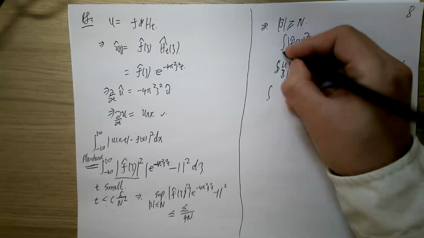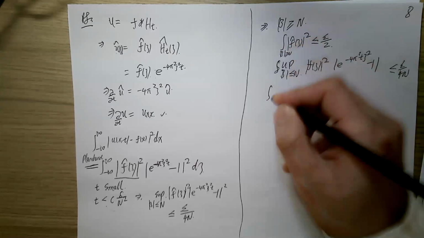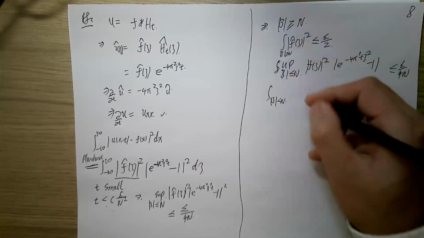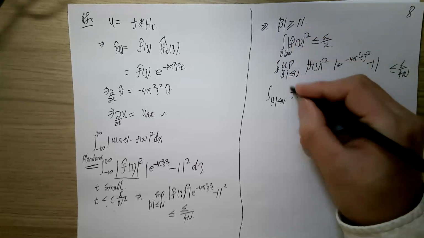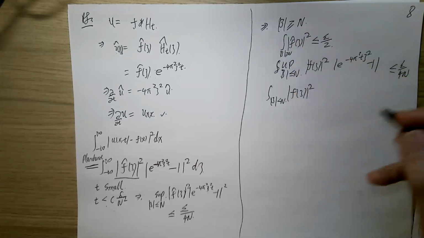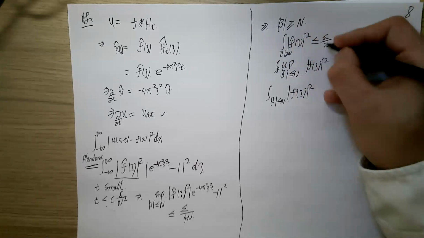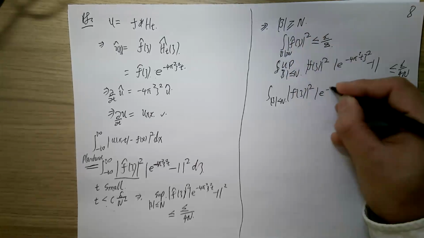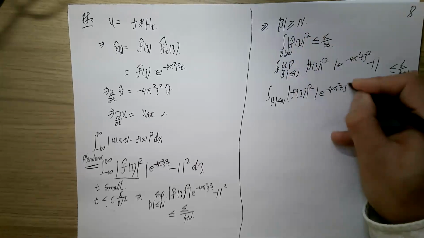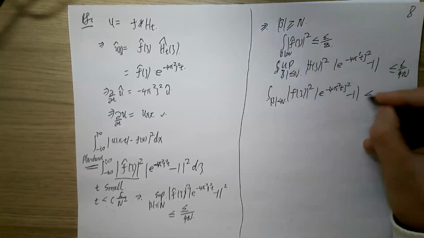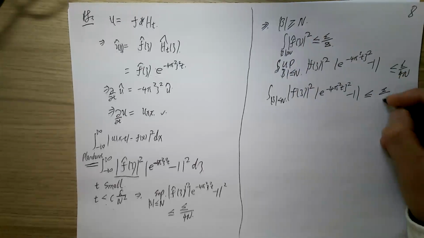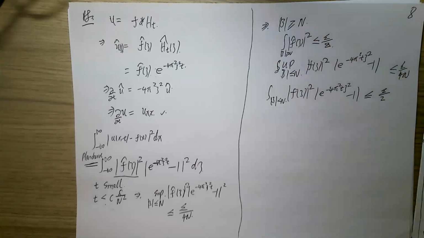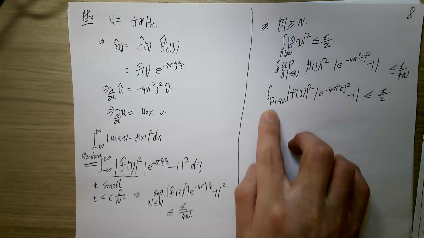So the integral over |xi| less than N of |f hat(xi)| squared, times e to the minus 4 pi squared t xi squared minus 1, is less than or equal to epsilon over 2, because the total length of your interval is 2N.